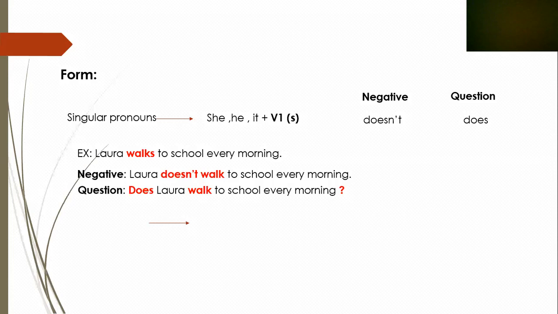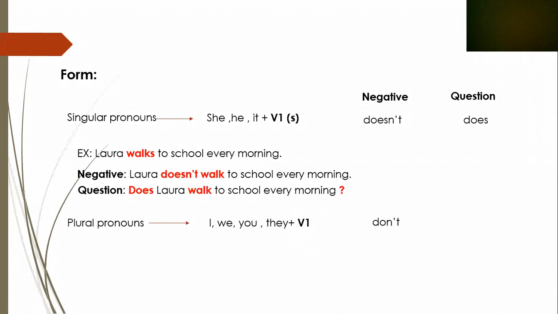Let's see now, what about the plural pronouns? They, we, you, and also here I. We add with them verb 1 without adding anything. We make the negative by using don't, and the question by using what?